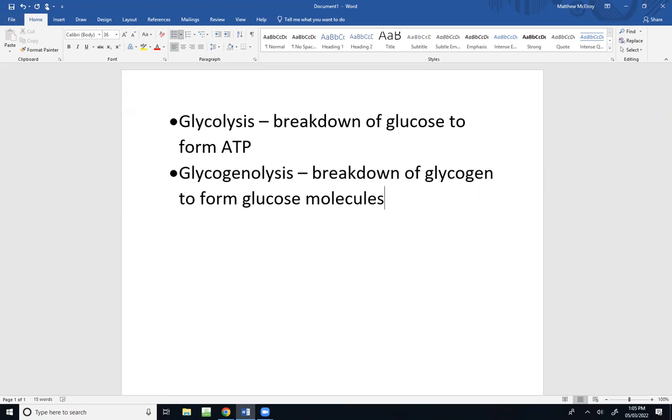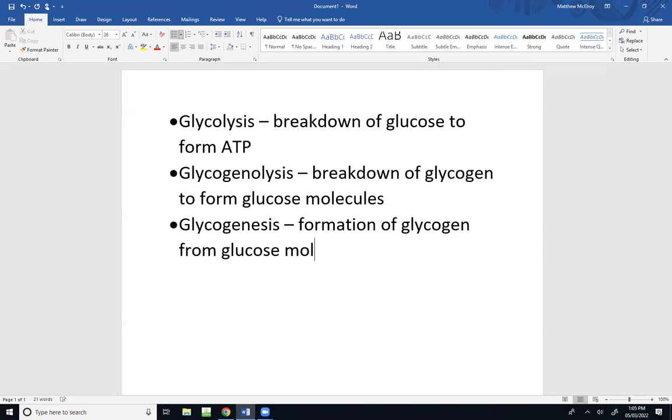And that's what, for example, glucagon will trigger. The opposite of that is glycogenesis, formation of glycogen from glucose molecules. That's what insulin stimulates.